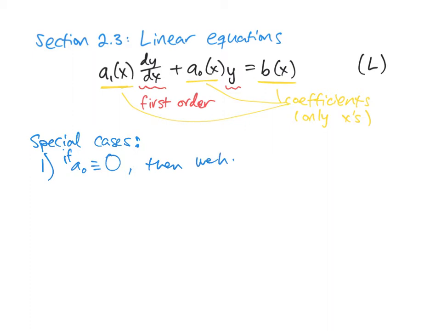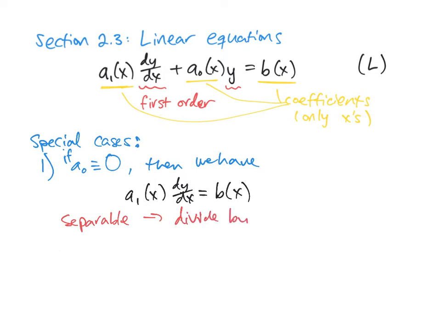Then the a0 term goes away, so we have a1 of x dy dx equals b of x. And in this case, you can see that this is actually a separable equation. So now this is separable. We can just divide by a1 and then integrate. So we know how to solve this case, so that's great.